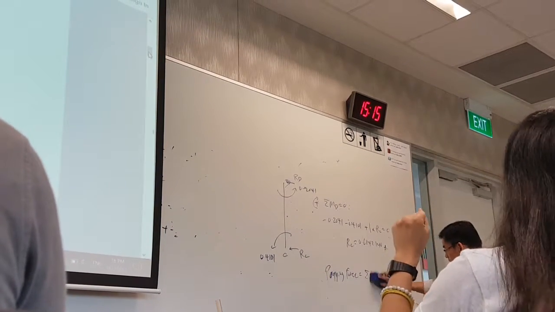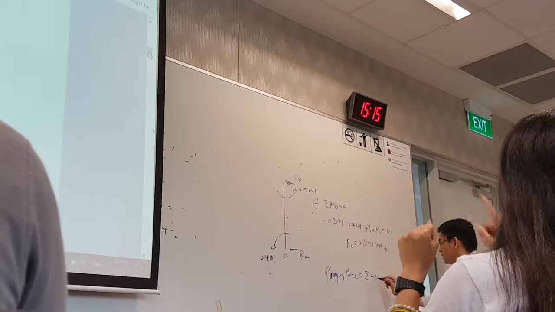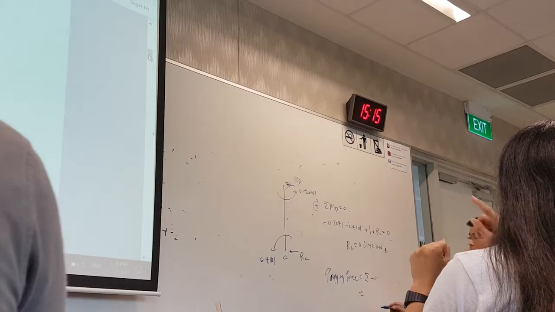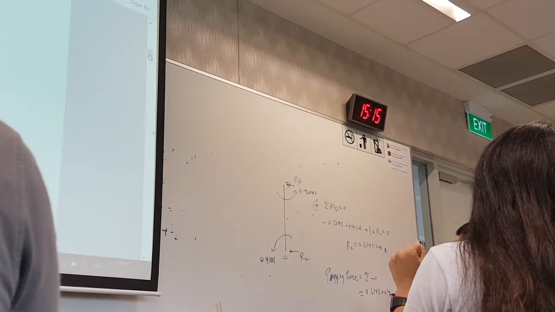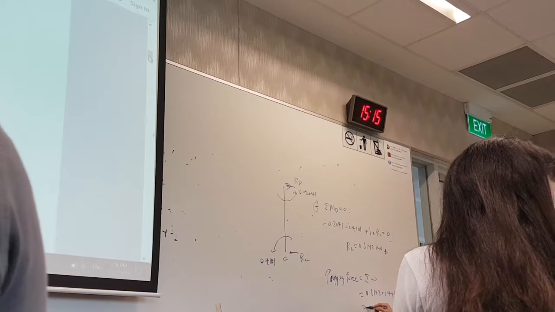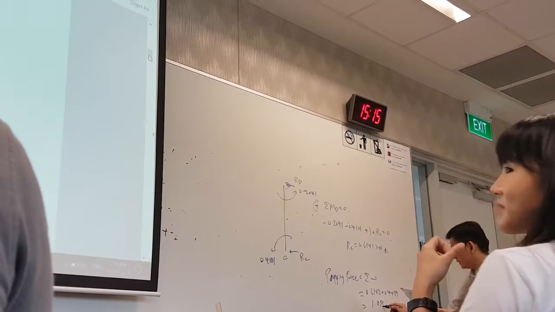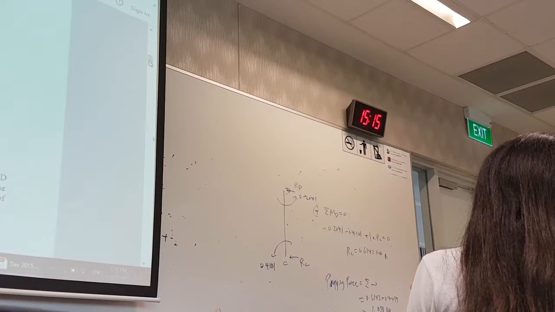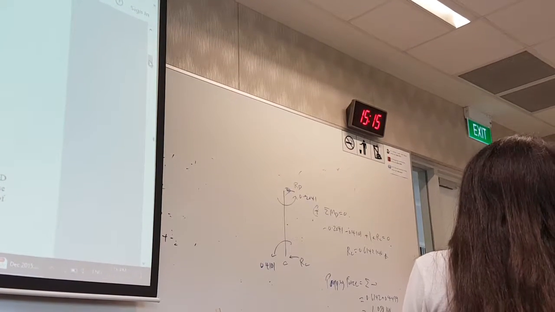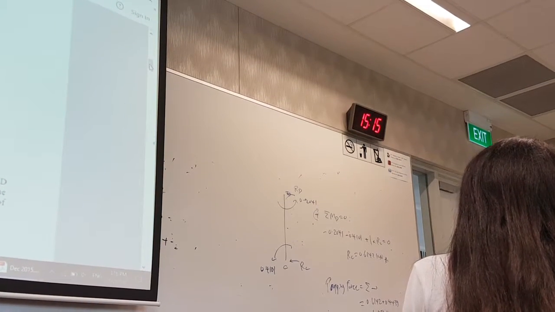So it becomes 0.6142 plus 0.4439. That will give you 1.058 kilonewton. So this is the popping force value that you should obtain.